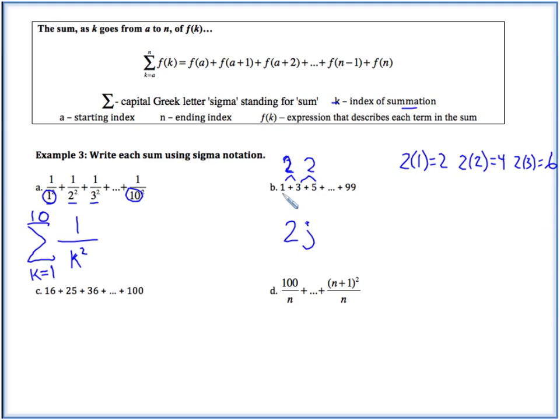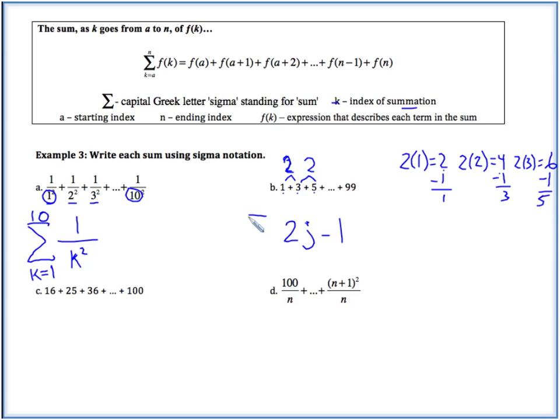Now notice here I want 1, 3, 5. This, however, gave me 2, 4, 6. Hopefully you can see that if we subtracted 1 from each of these, we would get our 1, 3, 5. So our function is actually 2j minus 1.